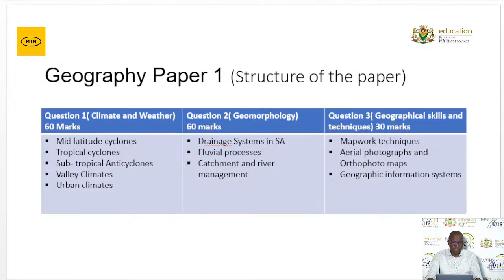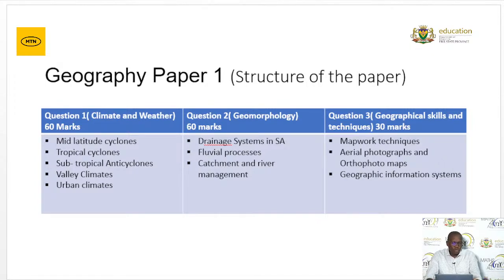And then the next page is the structure of the paper itself. It gives us more clarity on which subtopics one must study for Question 1, Question 2, and also Question 3. Let's look at Question 1, which is 60 marks. Remember, we said it's climate and weather. We have mid-latitude cyclones. One must be able to understand tropical cyclones.